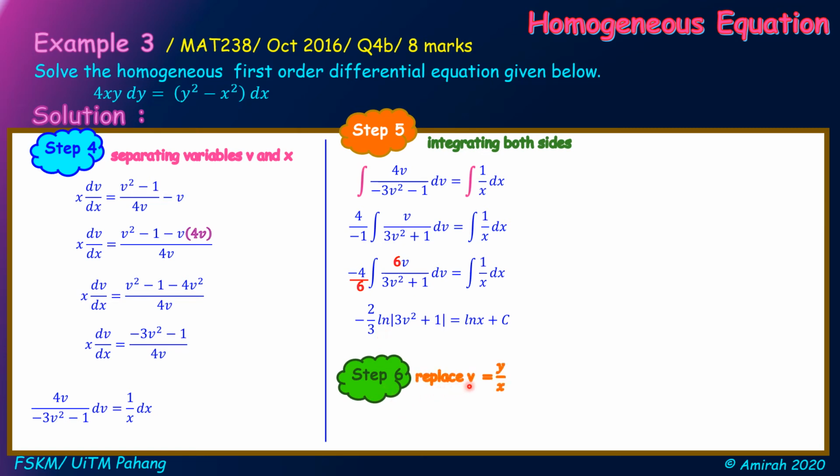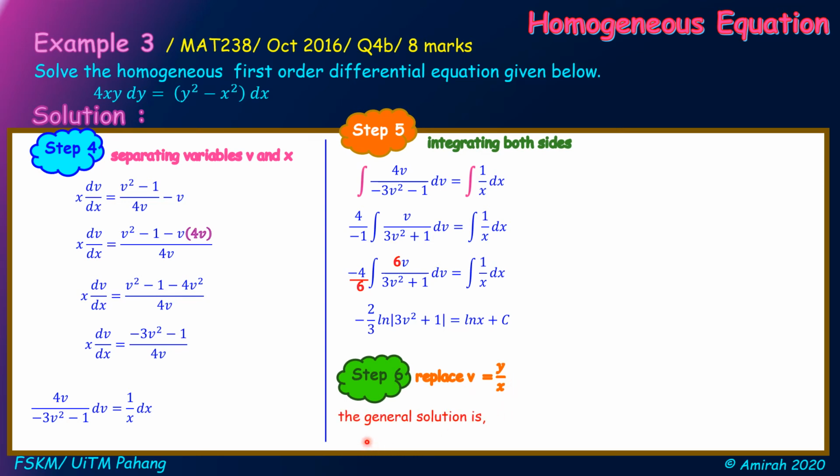We replace v equals y over x because the original question is given in terms of variables x and y. So we need to replace terms containing v into the form of y and x.